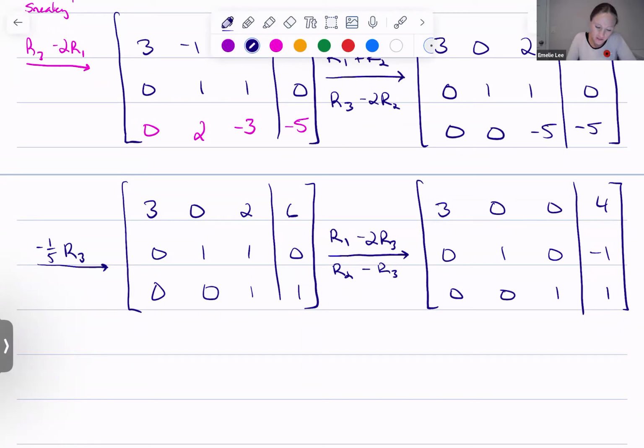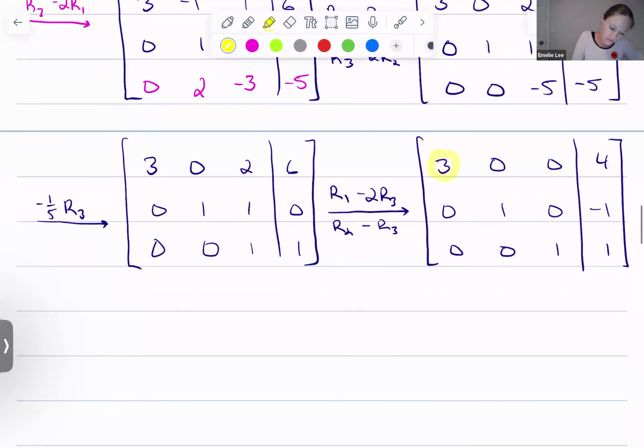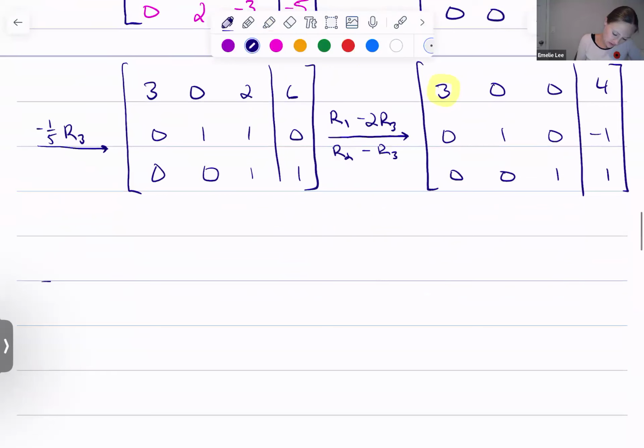Now, the very last thing we need to do here, we left that as a 3, but let's divide that and turn it into a 1 now at the very end. Row 1, multiply it by 1 over 3.